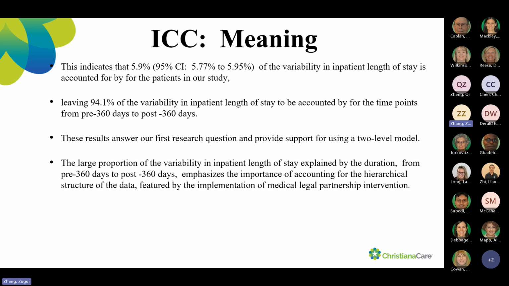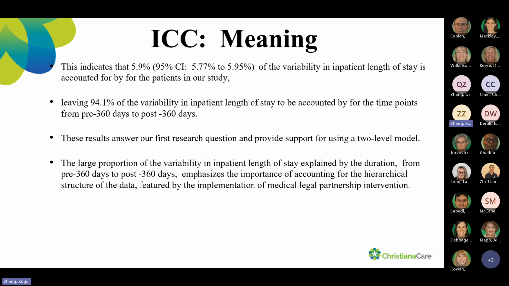But that will leave about 94% of the variability in patient length of stay to be accounted for by the time point from pre 1 year to post 1 year.